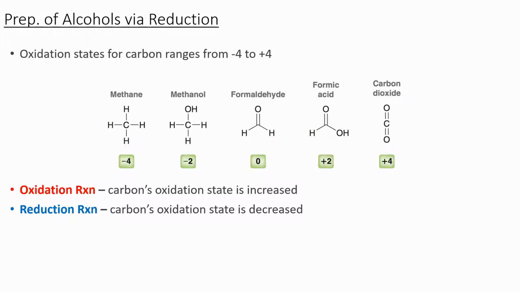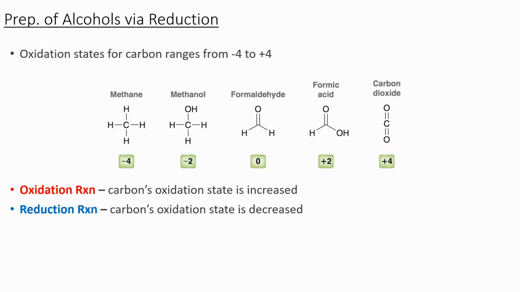And so when we think about the oxidation state of carbon, we really are looking at how many carbon-oxygen bonds. So going from left to right, we have 5 different structures, each with a different number of oxygens attached to the carbon.